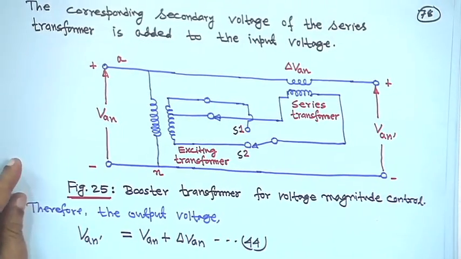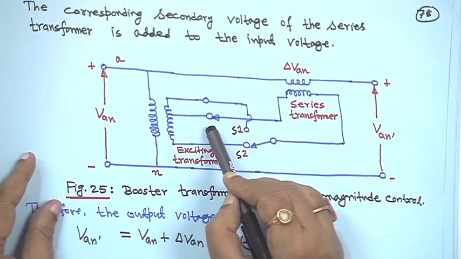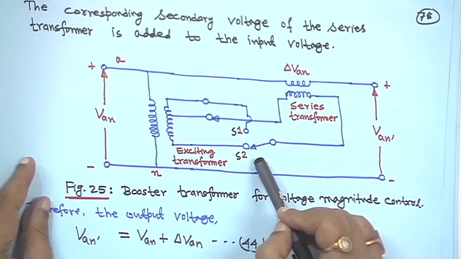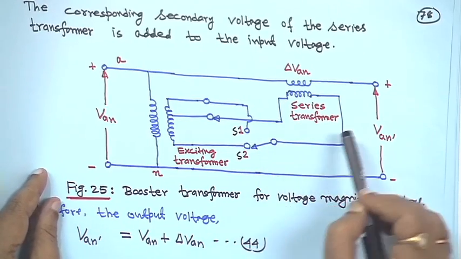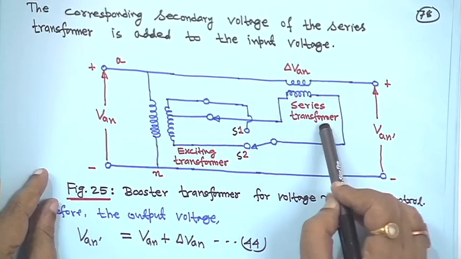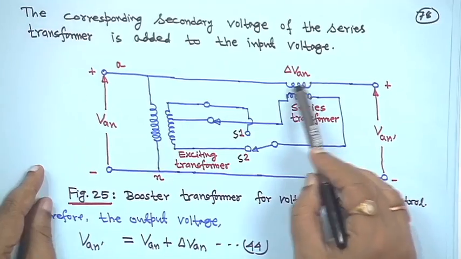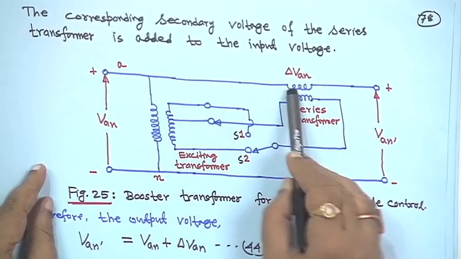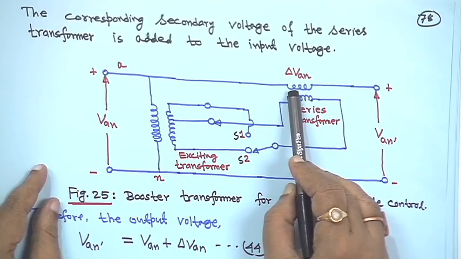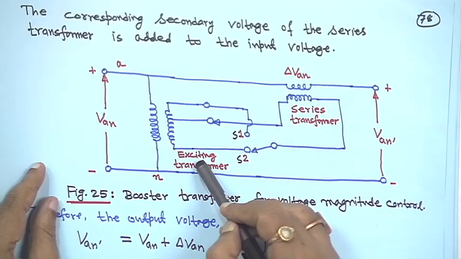That means this is the tap position, and one connection is given. Another transformer is there, called the series transformer, whose other winding is in series with the phase A line. So, this is the series transformer and this is the exciting transformer.